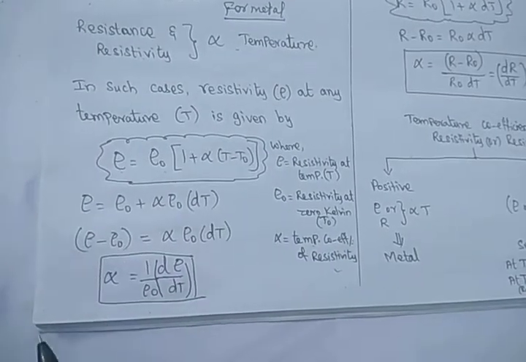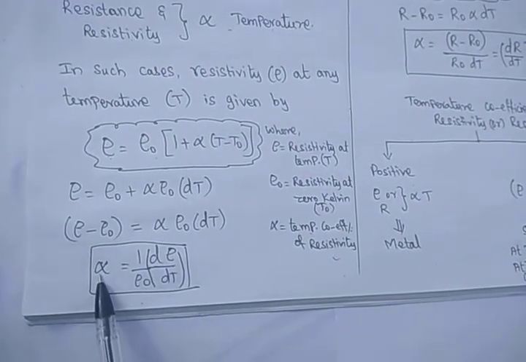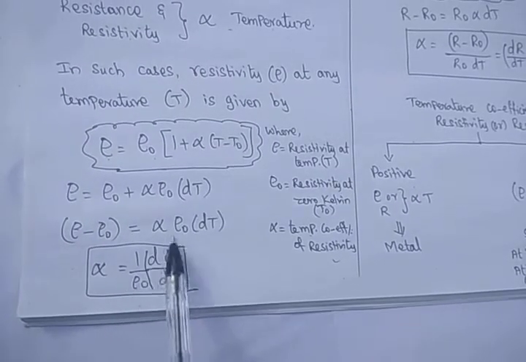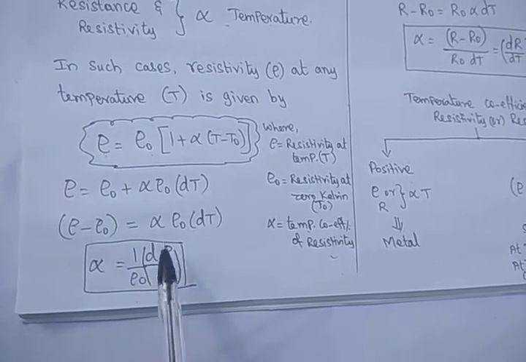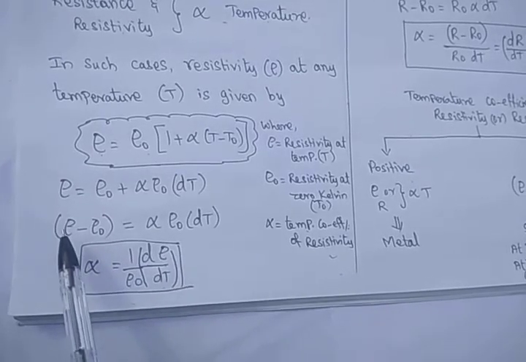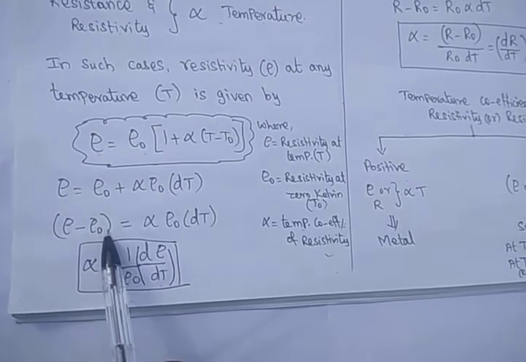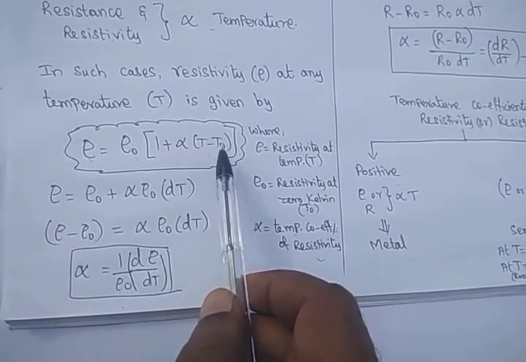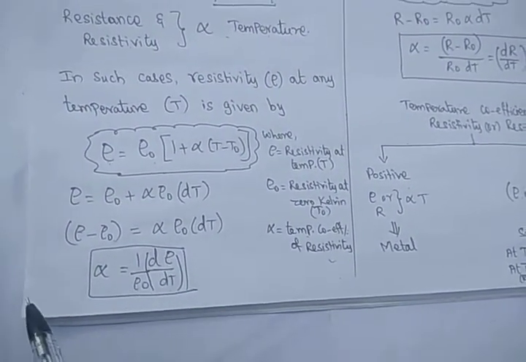If you rearrange, we finally arrive at the expression alpha is equal to 1 by rho d rho by dt, where d rho is a small change in resistivity, the difference between the resistivity at temperature T and at 0 Kelvin, and dt is the difference in temperature. So this is the expression.